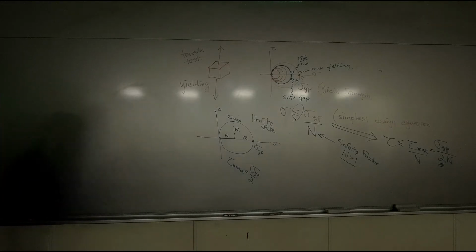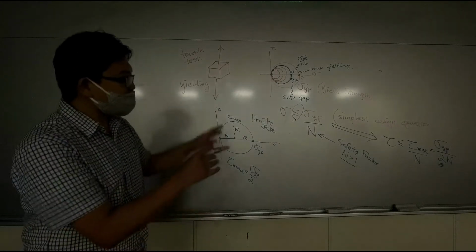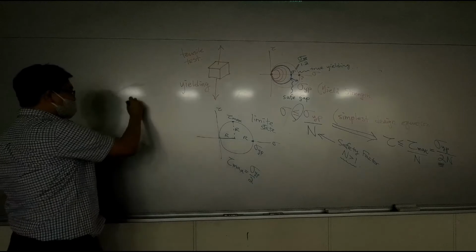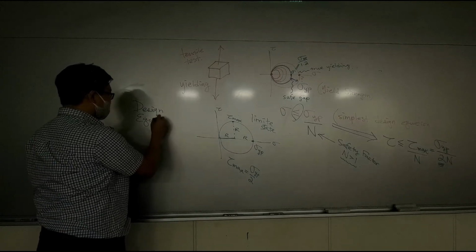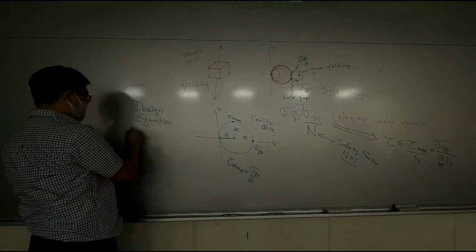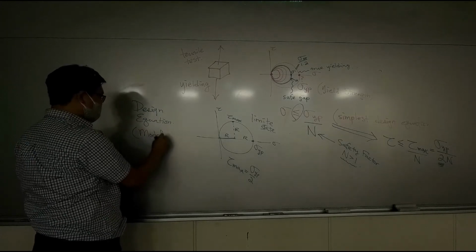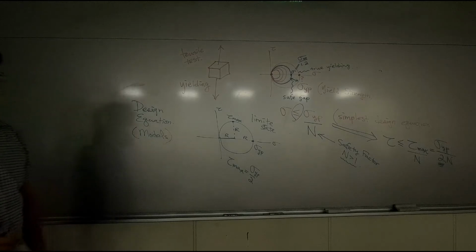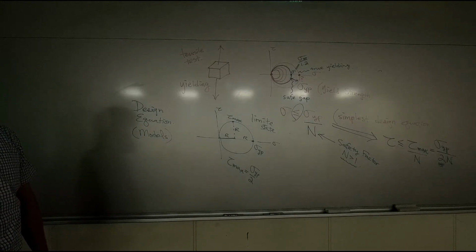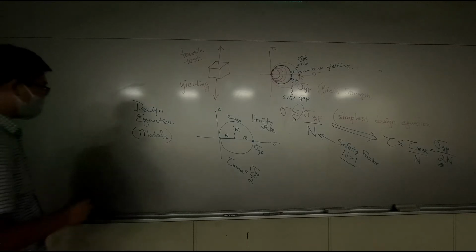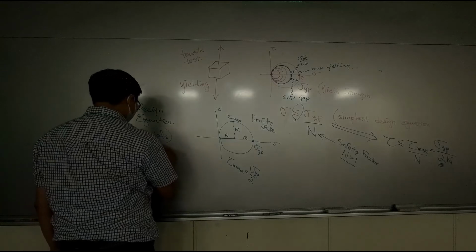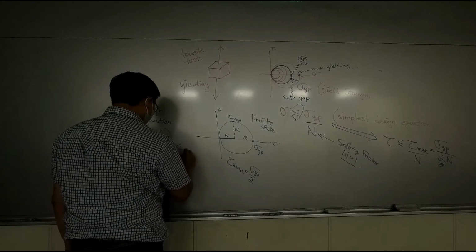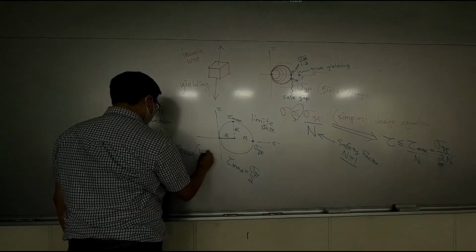Okay, so later on, we call those design models, design equations. They are models, mathematical models. So we will be introducing 3 different models. The first one is called the maximum shear stress model, MSS.